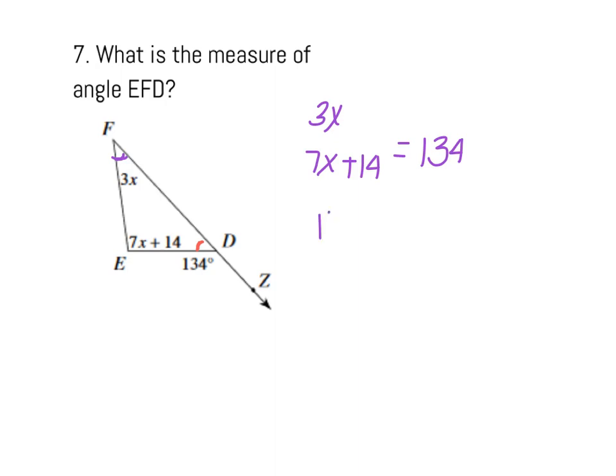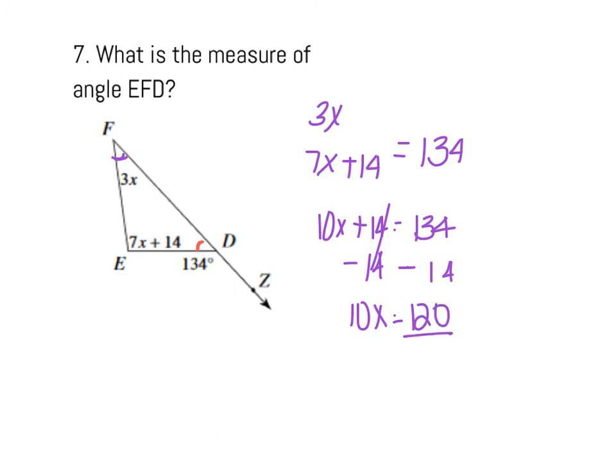So when I combine, I get 10x plus 14 equals 134. I'm going to subtract 14 on both sides. I'm left with 10x equals 120. We need to divide both sides by 10, and we get x equals 12. Now, going back to the question, we're looking for EFD.